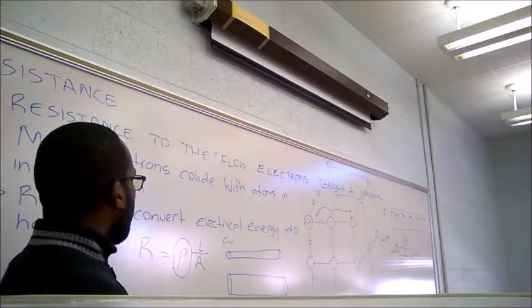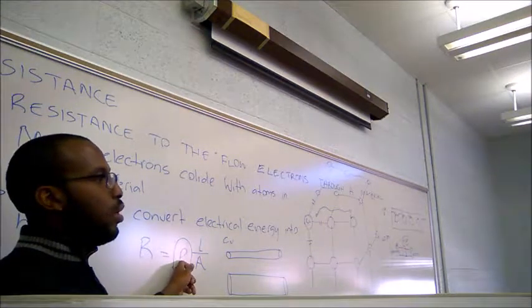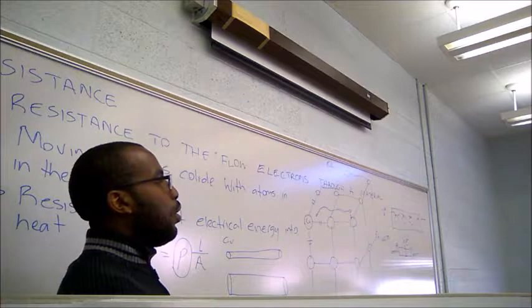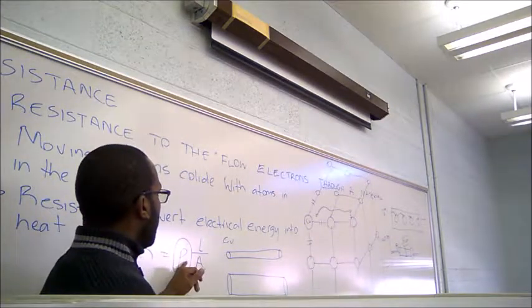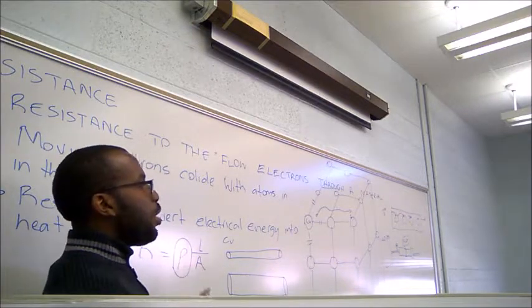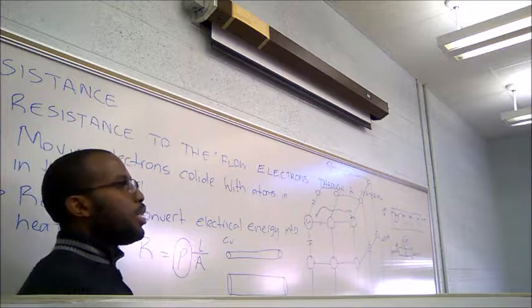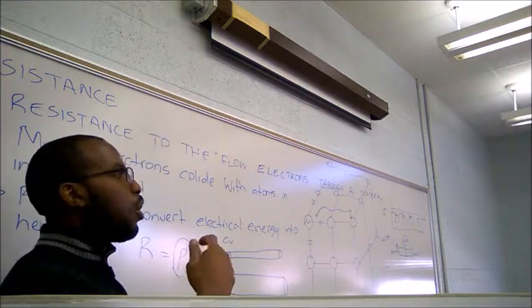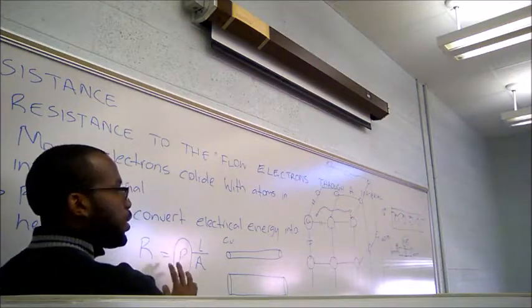Again, each material has a specific coefficient of resistivity. What we want to talk about now is the temperature coefficient of resistivity. The smaller the coefficient of resistivity, the less resistance the material has. Materials that are good conductors like silver, gold, copper, and aluminum have a low coefficient of resistivity.